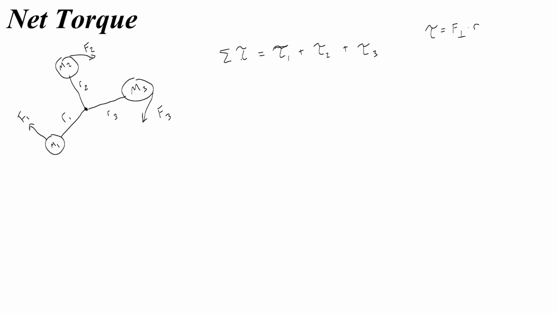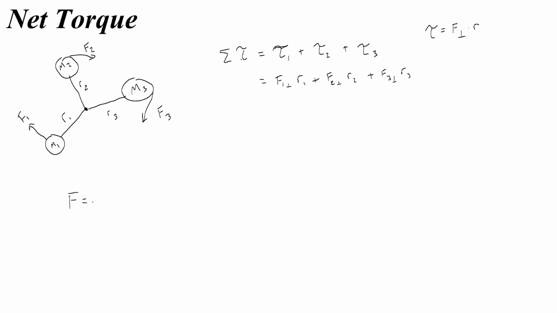So I could also write this as F1 perpendicular times R1 plus F2 perpendicular times R2 plus F3 perpendicular times R3.